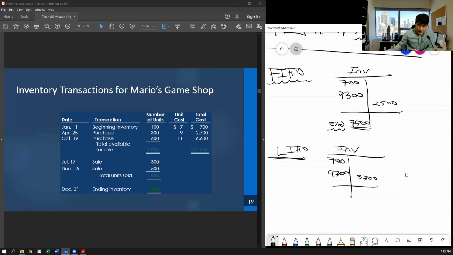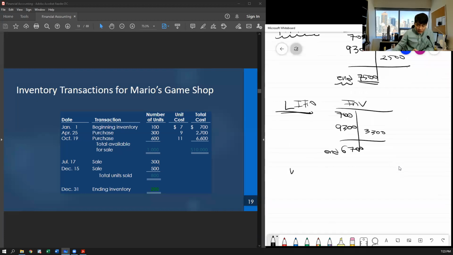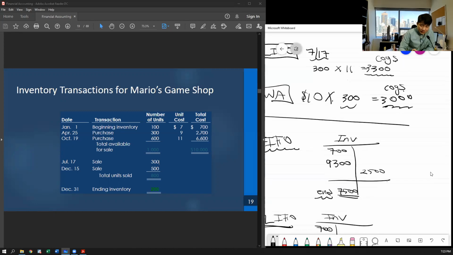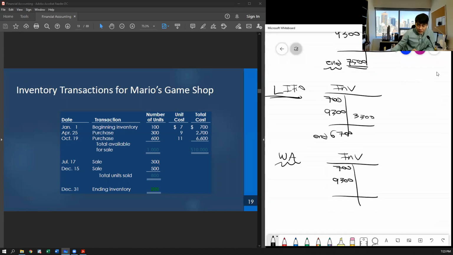So at the end of the year, the ending balance of your inventory will be 6,700. Now let me just do one more weighted average. So you have another inventory starting with 700, purchase 9,300. And if I remember correctly, the weighted average method will give you $3,000 of cost of goods sold. So you're going to be reporting 3,000 on the right side. So that will give you 7,000 ending inventory.